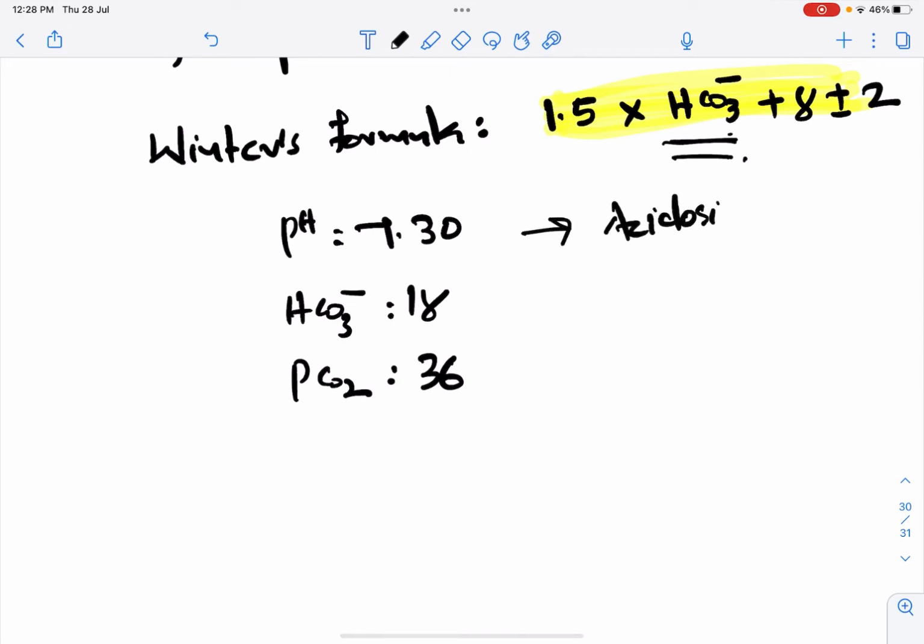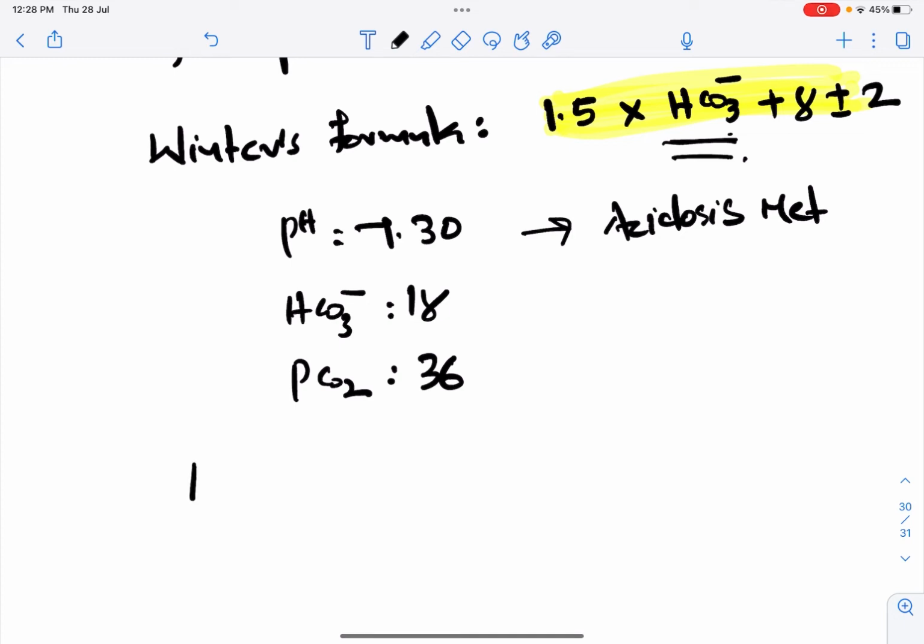Then look for the cause of acidosis. Acidosis can be due to increased PCO2 or decreased bicarbonate. There is no increase in PCO2; the normal value is 40 and it is decreased. So the PCO2 change is not causing acidosis. Then what is causing acidosis? It is due to bicarbonate loss. Bicarbonate is 18, so the primary pathology is metabolic. It is metabolic acidosis. Now we have to check for the compensation.